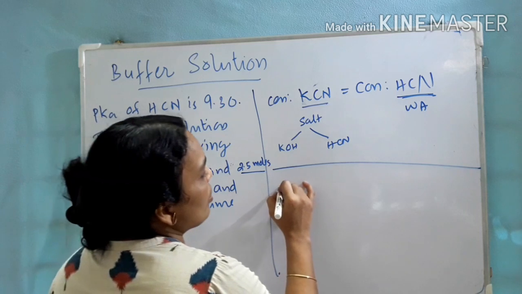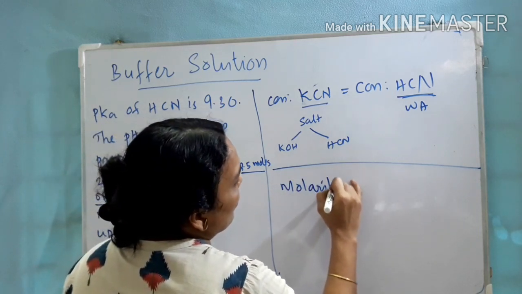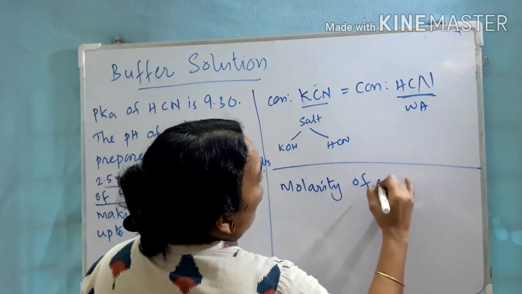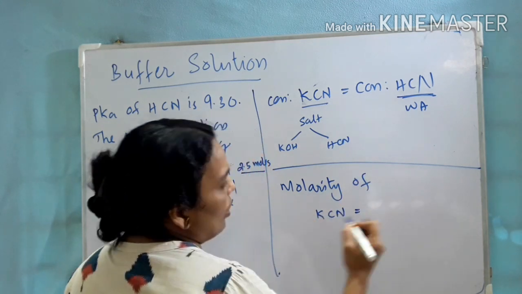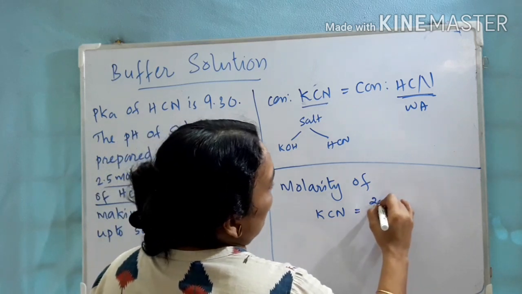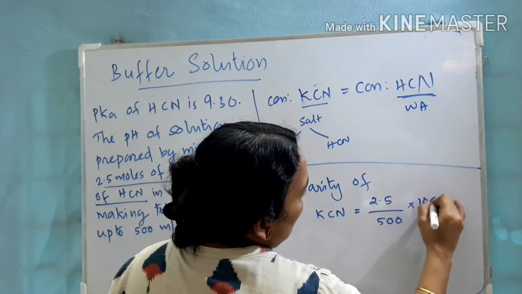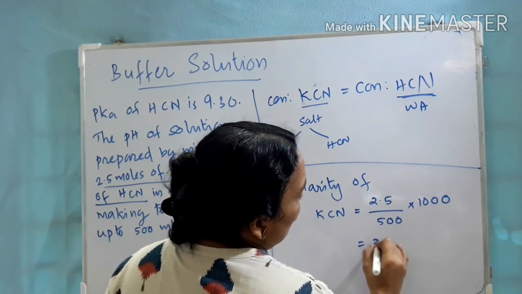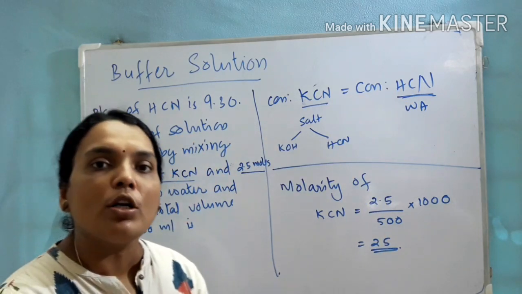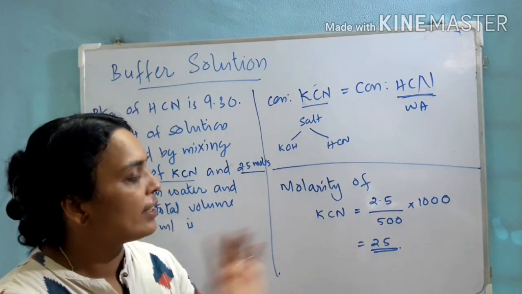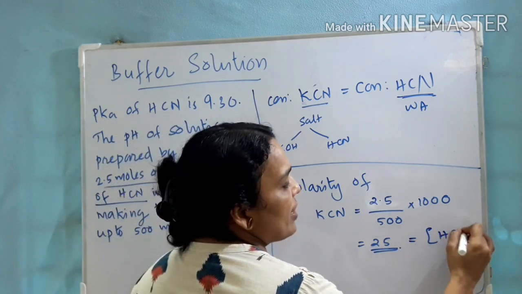So the molar concentration, or molarity, of KCN is equal to 2.5 by 500 into 1000. That is equal to 25. The molar concentration of KCN is equal to the molar concentration of HCN, that is equal to 25.